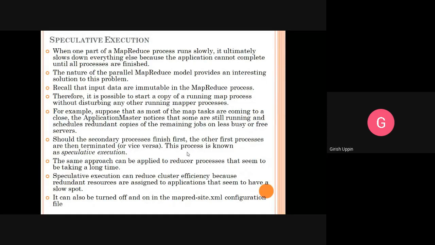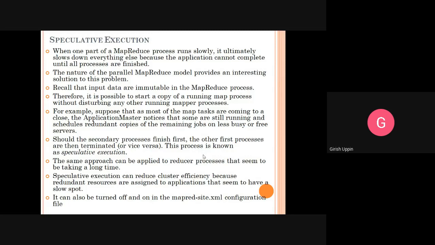If the original ones complete, then the later ones started as duplicates will be terminated. Whichever finishes first, the output will be taken, and the others will be stopped.